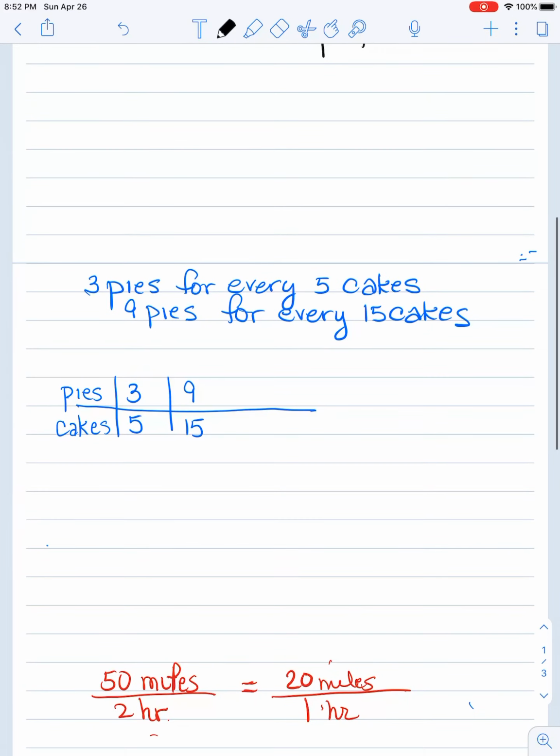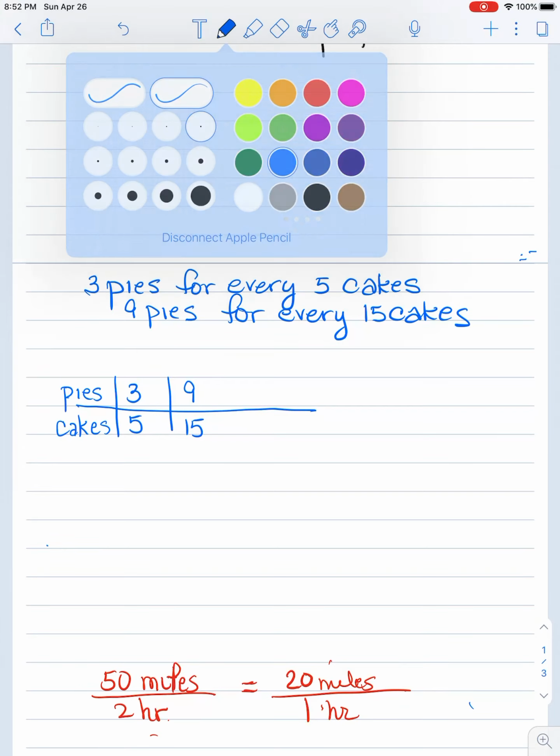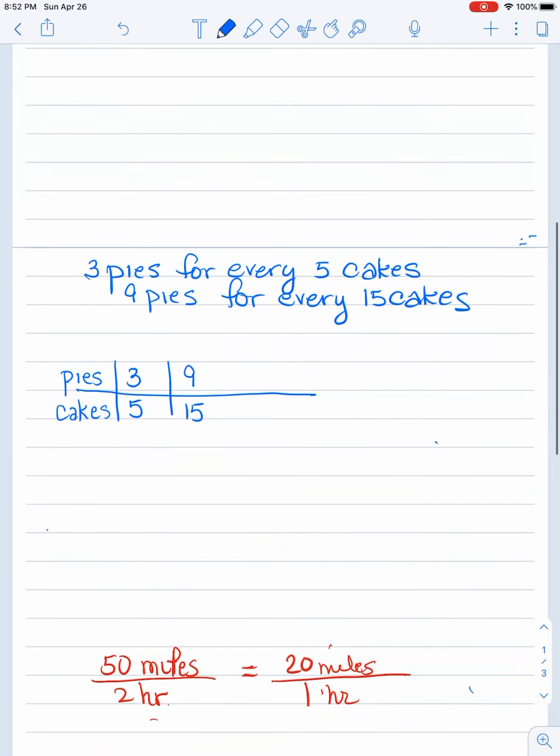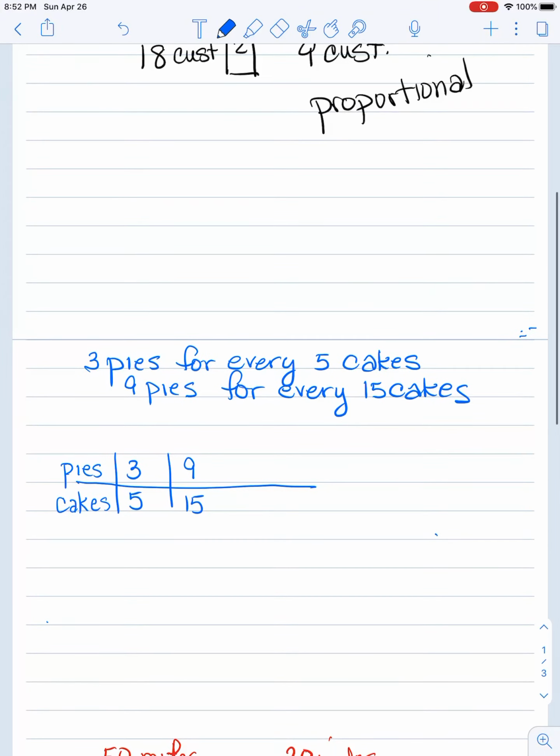Okay, let's look at another example. We are comparing here 3 pies for every 5 cakes and 9 pies for every 15 cakes. Again, let's see what we can do in the context of a ratio table.